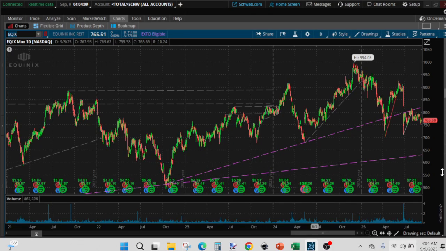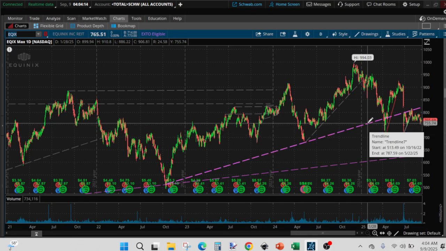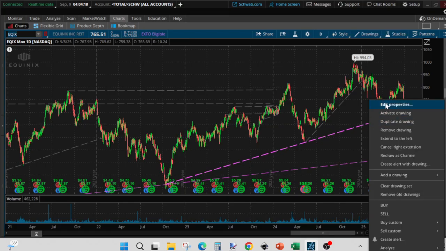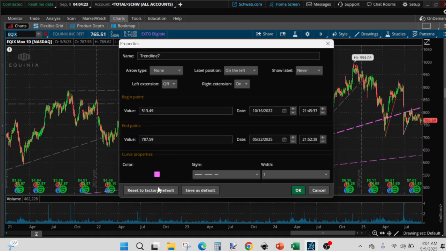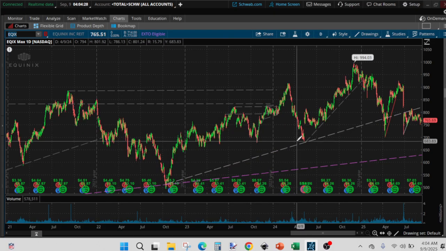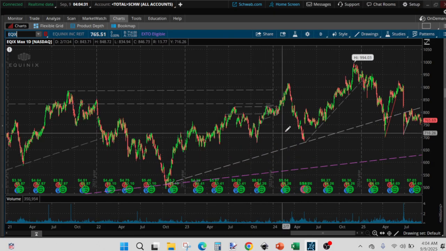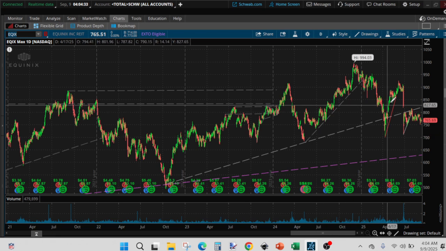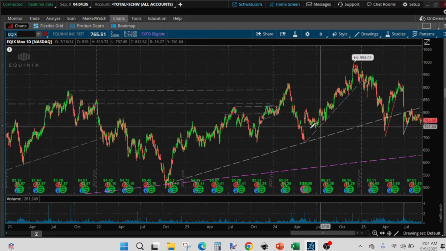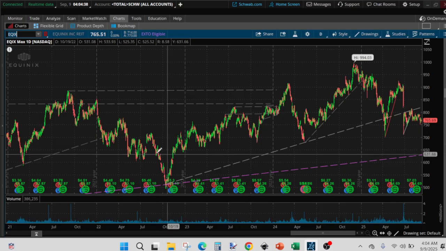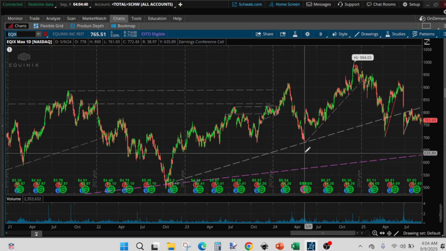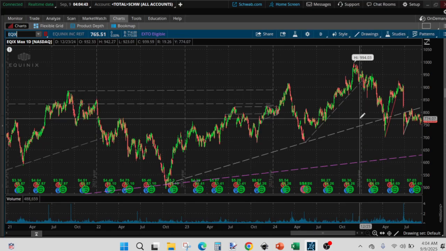So EQIX, we have two lines here, and this one at this point I'm going to turn into brown, not gray, in the sense that it is the far side wall of the mountain, the upside wall of the mountain, but at the same time it can go away from it and come back to it before going back up.